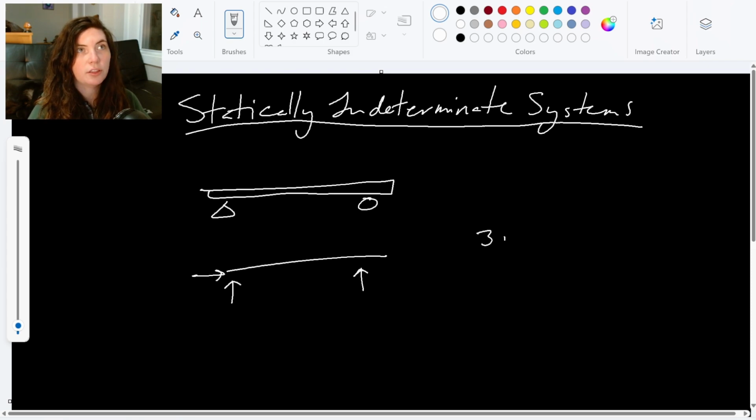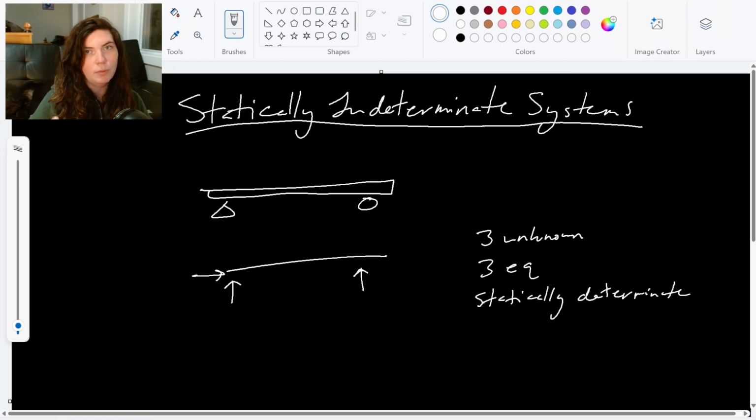So that's three unknown reactions, and we have our three equilibrium equations that we could apply, right? Our moment, sum of X forces, sum of Y forces. So with that, we would call this statically determinate, meaning we could solve it just using statics, as we did a lot during statics class, right? Statically determinate.